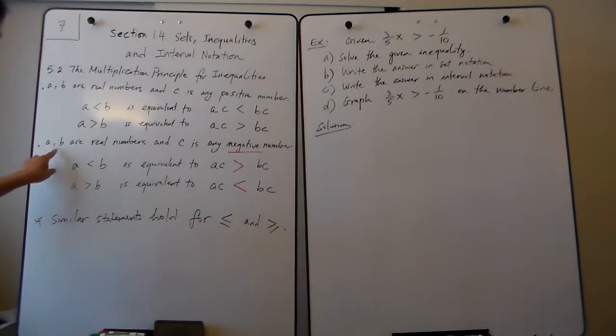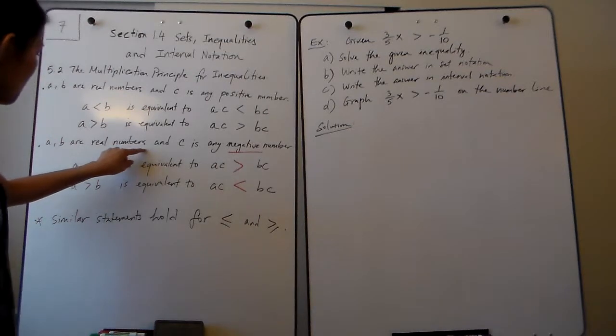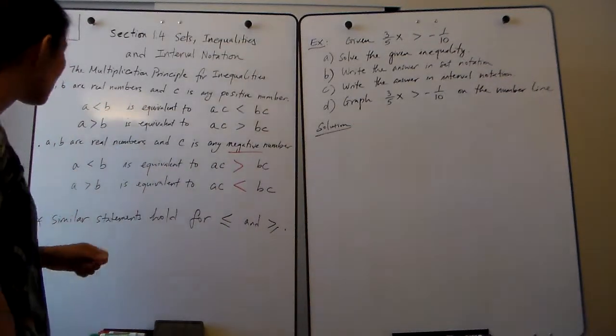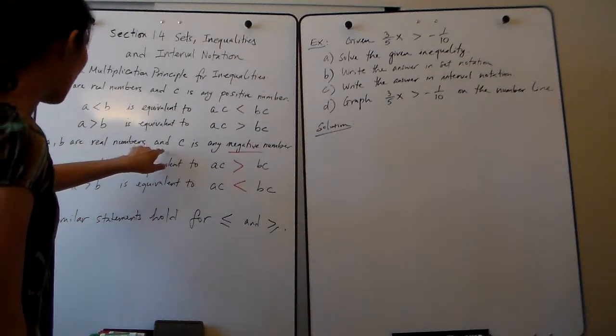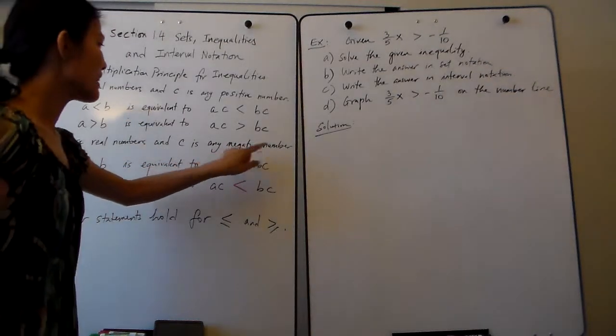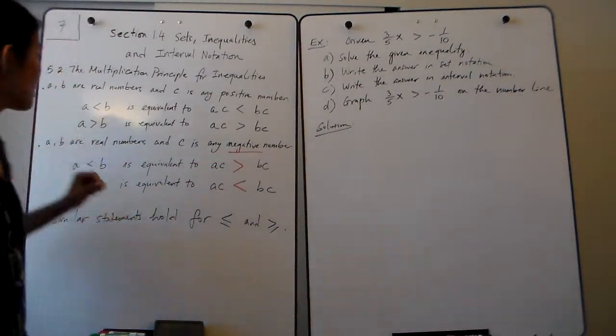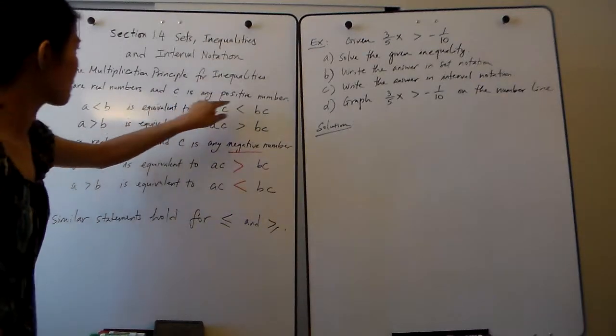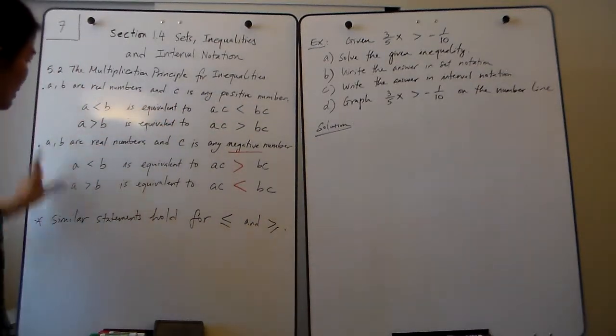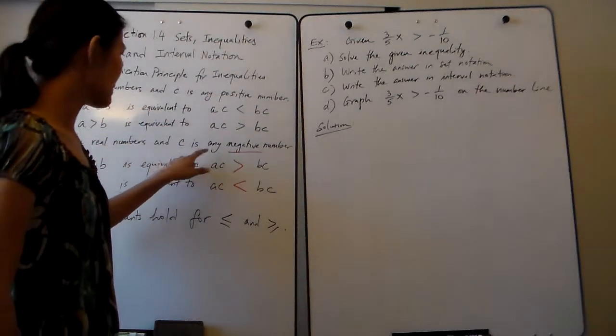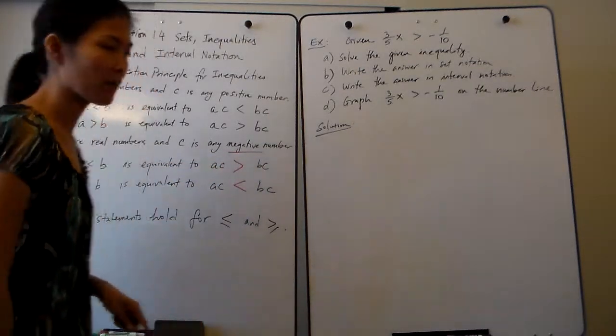Next we have, given A, B are real numbers, can be positive, negative, and C is any negative number. So different from the top case, where C is positive, in this bottom case, C is any negative number.